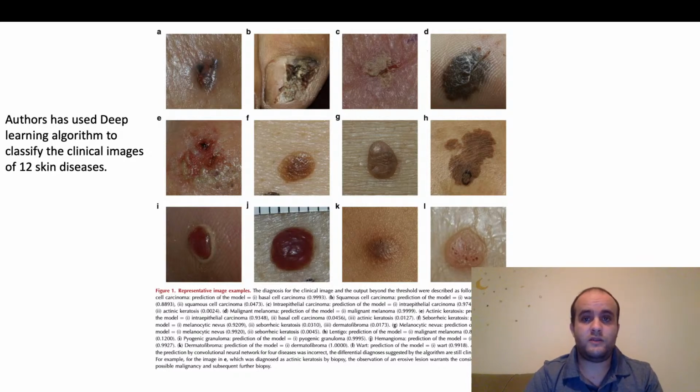If you have a skin disease, you may have an application on your phone. You just scan your skin, and it will say it is probably this type of disease, and if it is very dangerous, it may recommend a nearby clinician or hospital.